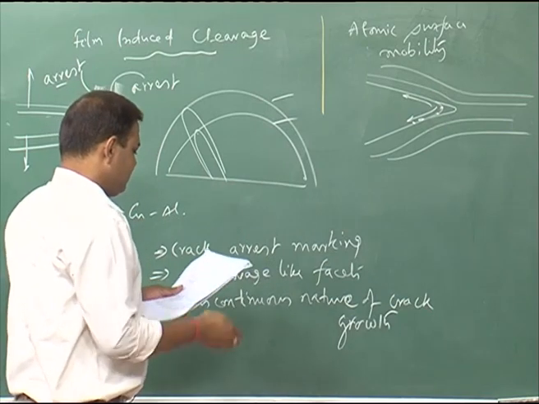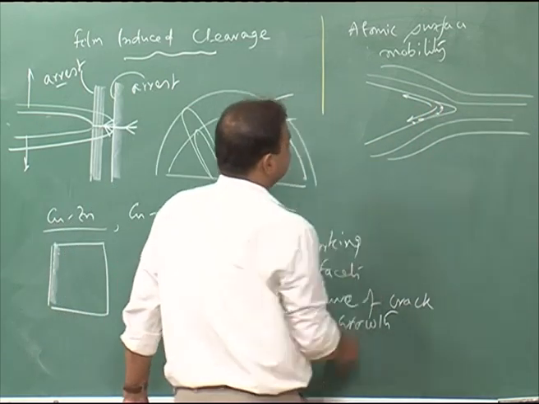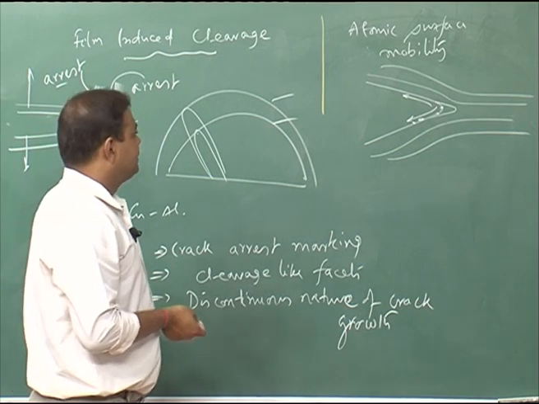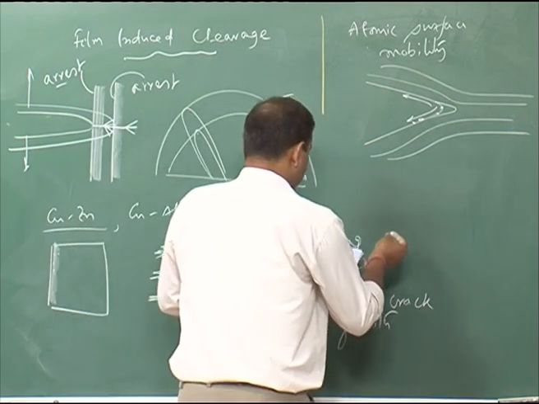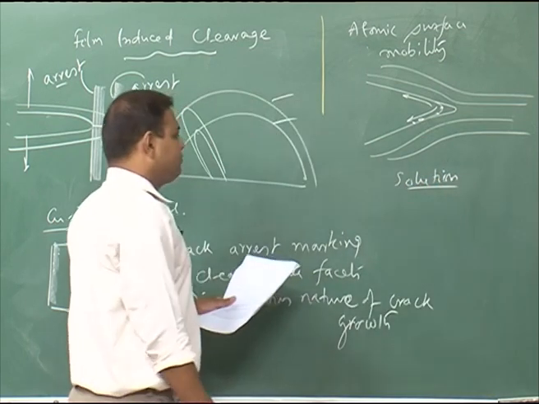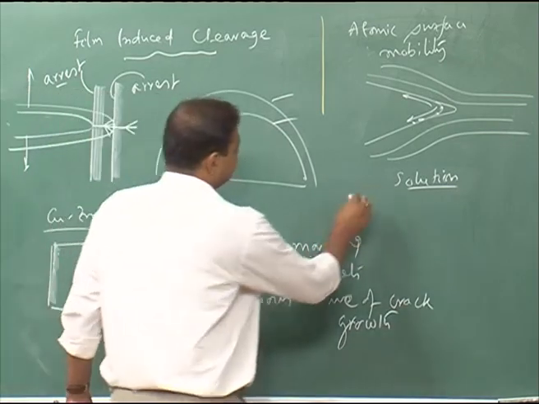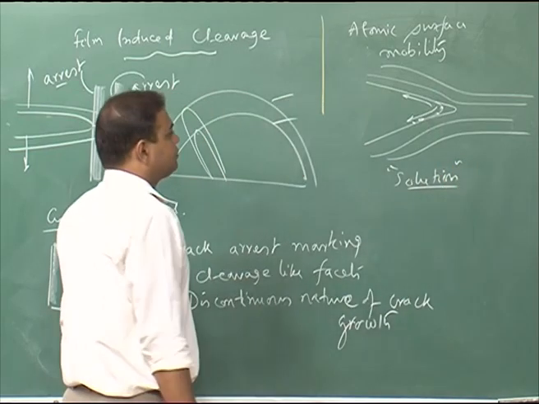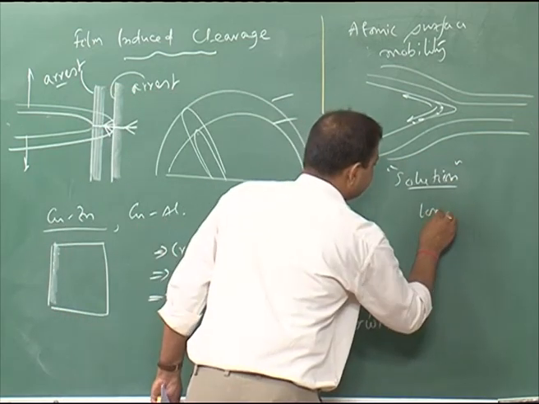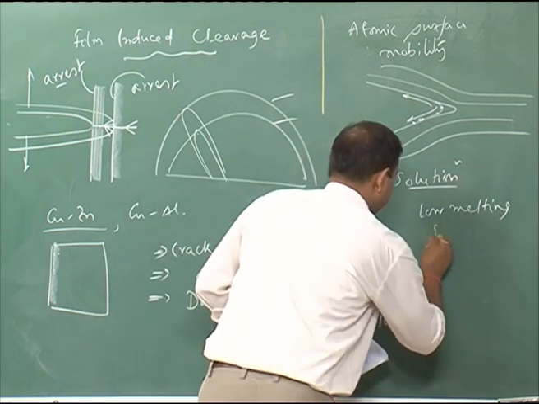And here the rate at which the surface self diffusion is happening will decide the crack growth rate. And here the effect of the corrosion environment or solution is that it changes the diffusivity of those surface atoms, and it is sometimes associated with low melting surface compounds.